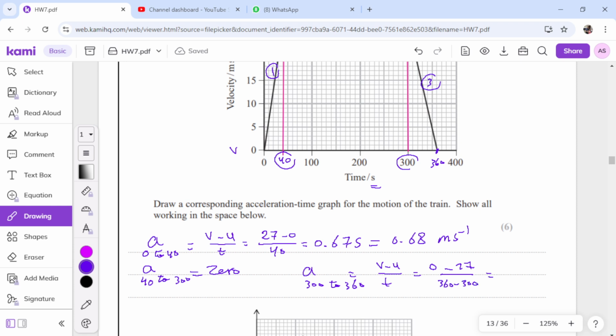So it will give you about negative 0.45. Sorry, the unit is meters per second squared, not minus 1.